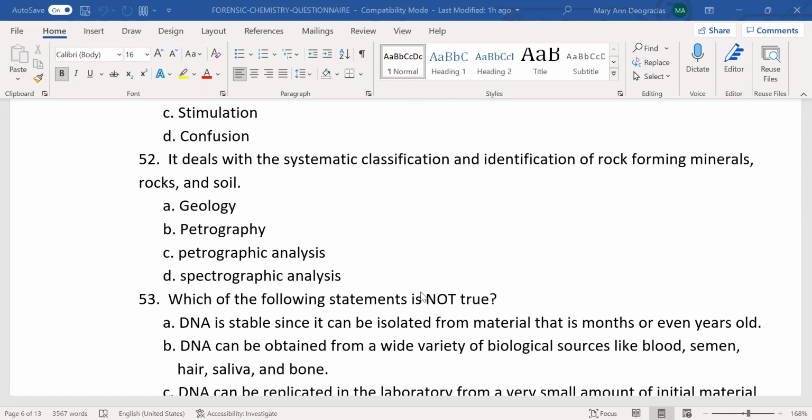B as in Bravo. Analysis is the test, so letters C and D, cross them out, because these are actually different examinations. When you see "deals with the systematic," it is a science, it is the coverage, the area. So only geology and petrography are the choices.